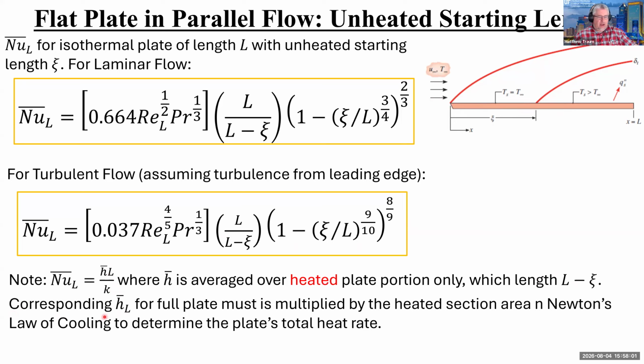The corresponding average heat transfer coefficient for the full plate must be multiplied by the heated section area, using Newton's law of cooling to determine the plate's total heat rate, right? So that's just writing what I just said in words. We're just going to use the heated area of the plate instead of the total area of the plate. Okay.